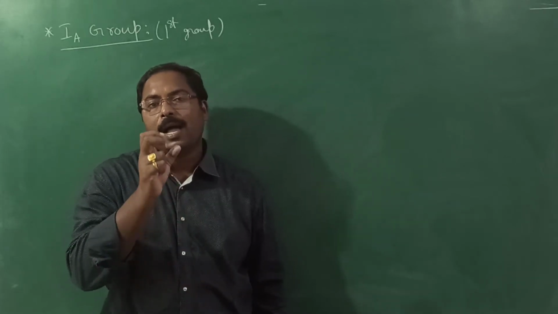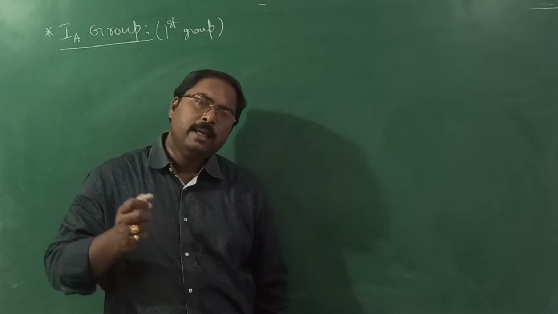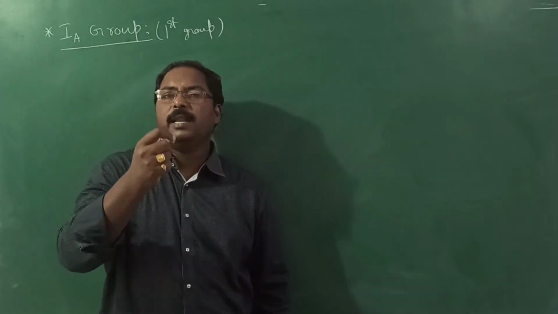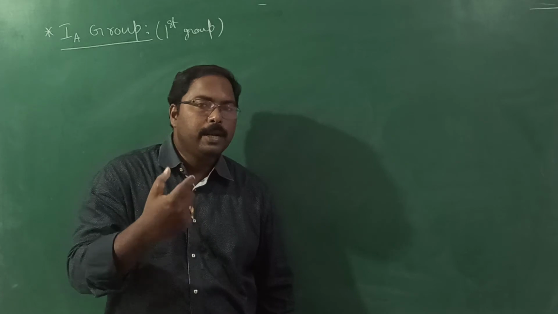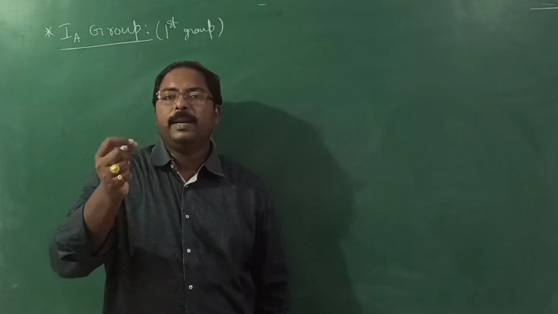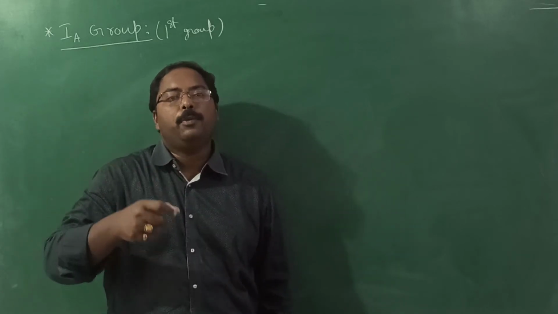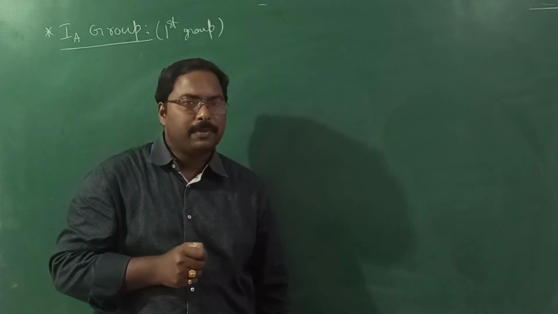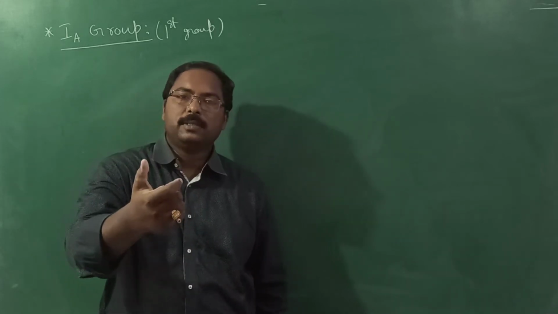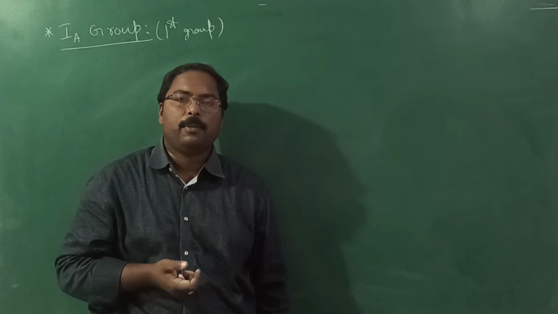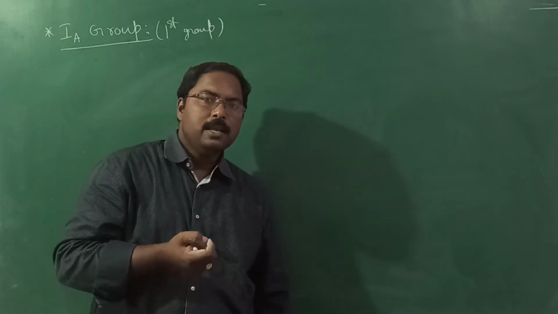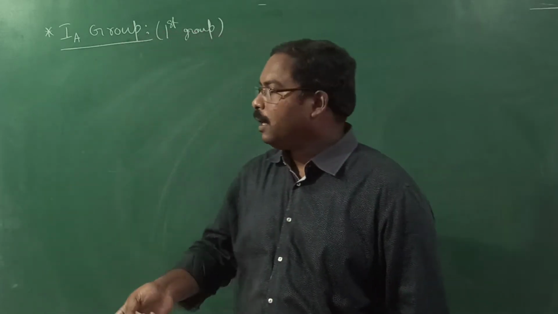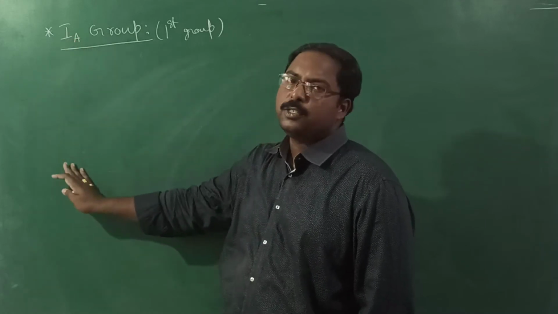To answer such questions, if you know the position of the element in the group, then you will come to know. If the element is present in the third group, you will come to know its valency, and when it reacts with oxygen, what type of compounds it will form. Everything you will come to know. So that is why everyone should learn the elements in these groups.